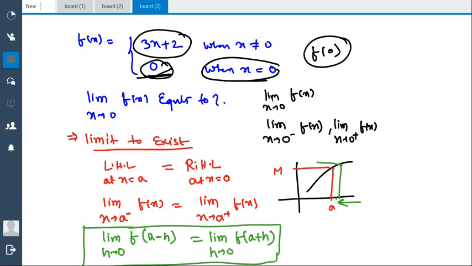So suppose you take this, then this, then this, and from the other side, then this, then this. So they are basically asking, if you are approaching x is equal to a from the left hand side as well as the right hand side, what is the value f(x) is approaching? So let us try to solve this problem.